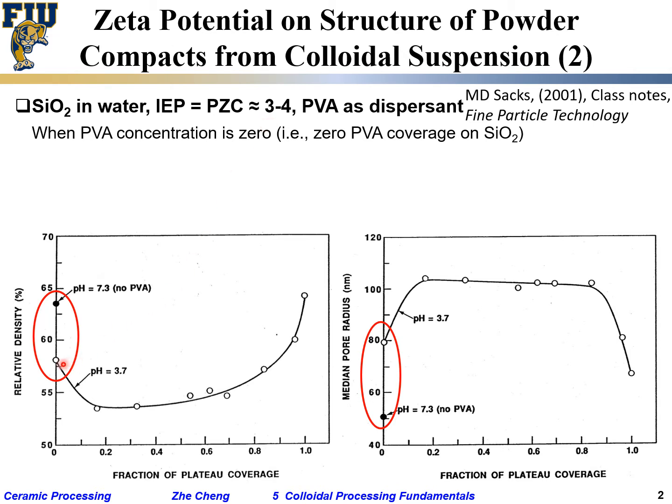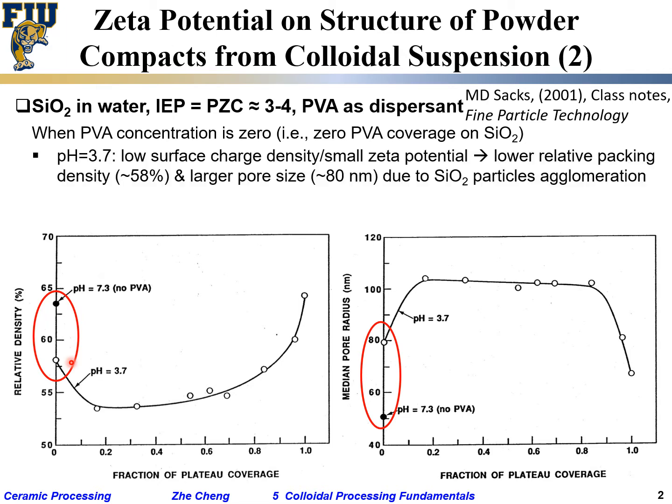At this open circle, I have 0 charge. Do I have high zeta potential or almost 0 zeta potential? Almost 0 zeta potential. At pH equals 3.7, I should have very low zeta potential, very little surface charge. I'm talking about this point.